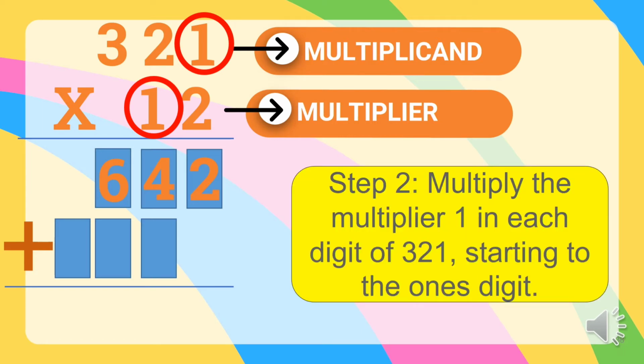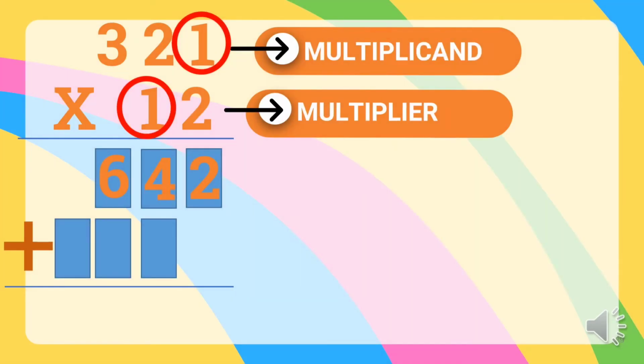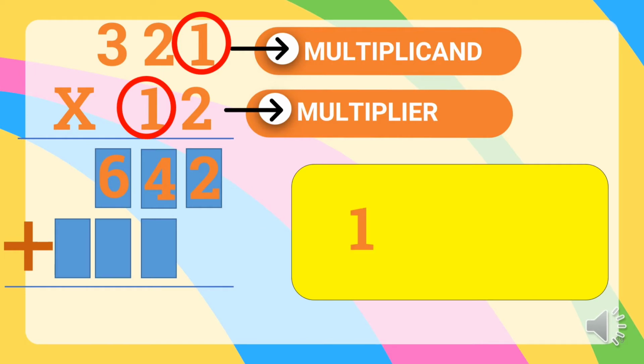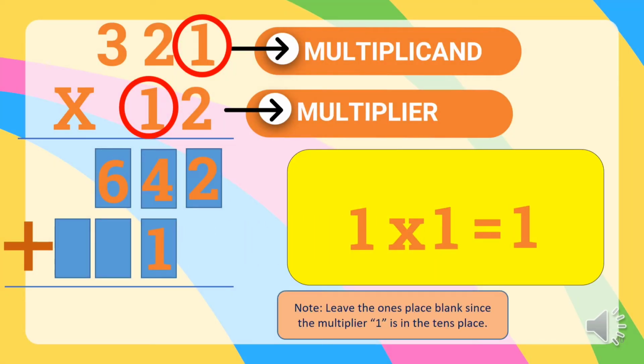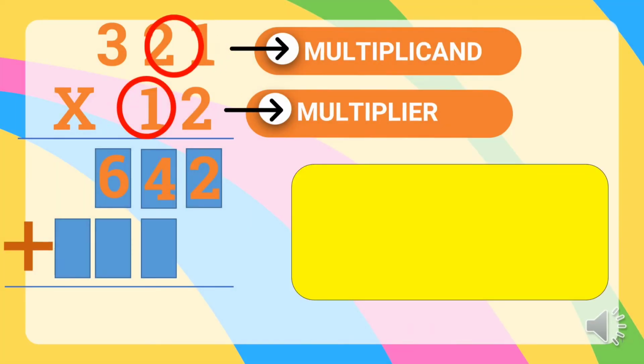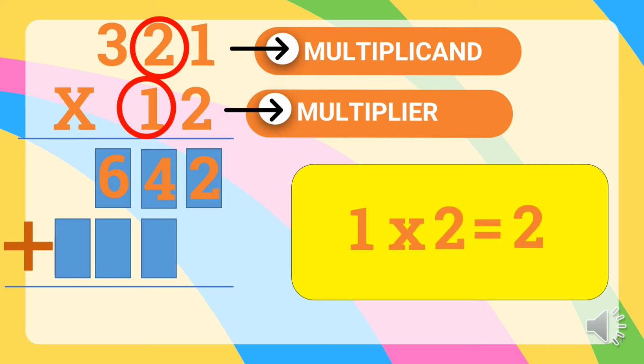Step 2 is to multiply the multiplier 1 in each digit of 321, starting from the ones digit. So 1 times 1 is equal to 1. Next is 1 times 2 is equal to 2.